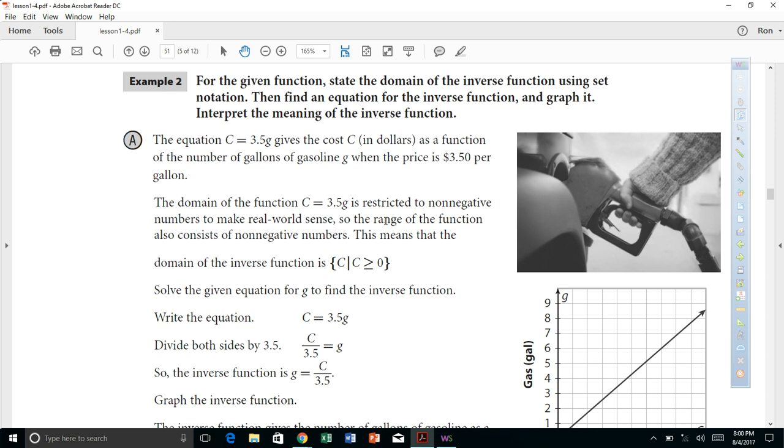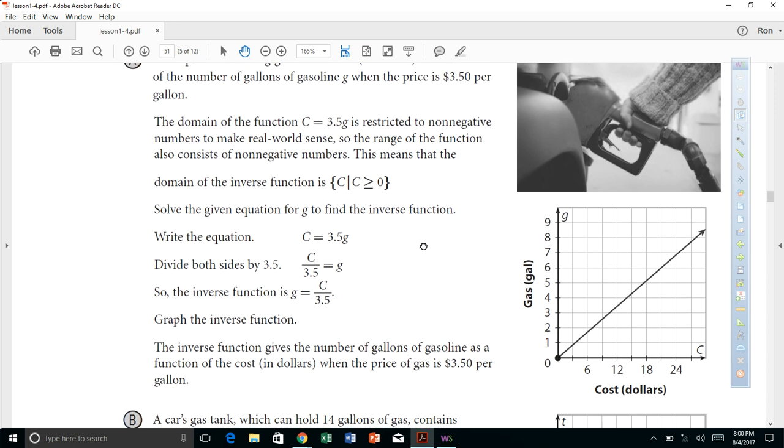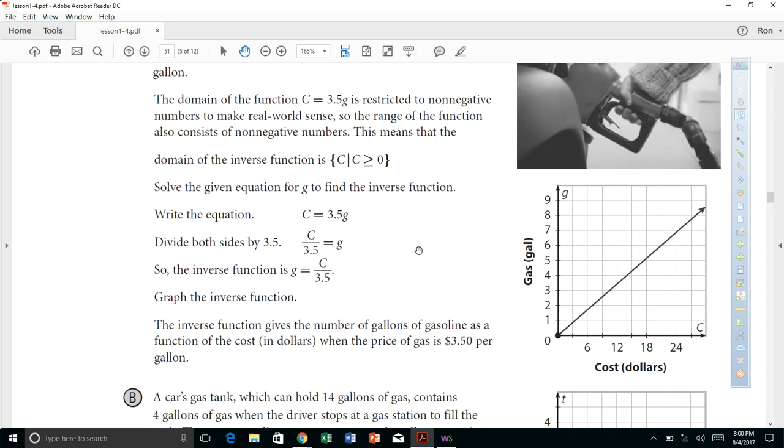The equation C equals 3.5G gives the cost C in dollars as a function of the number of gallons of gasoline G when the price is $3.50 per gallon. The domain of the function C equals 3.5G is restricted to non-negative numbers to make real-world sense.